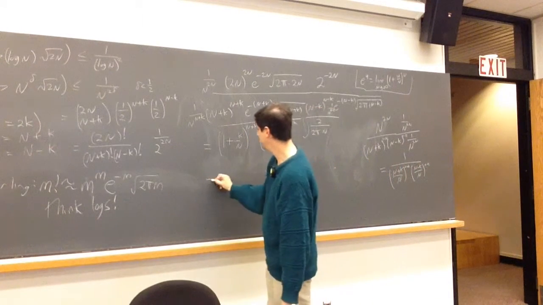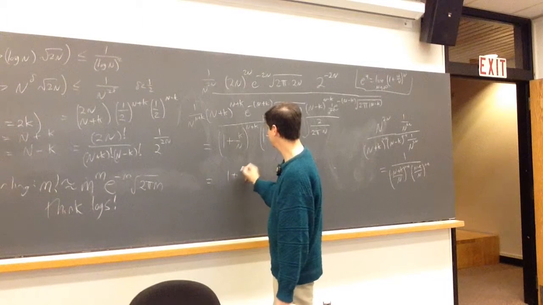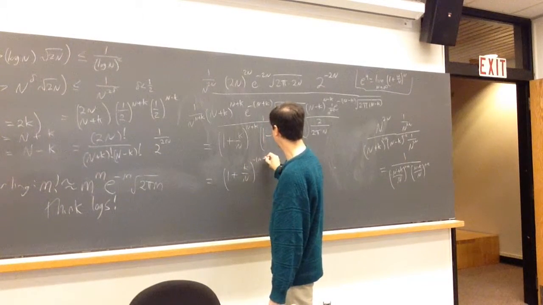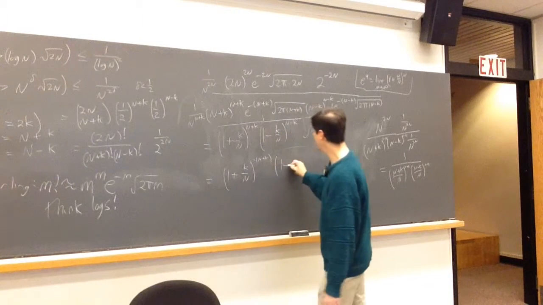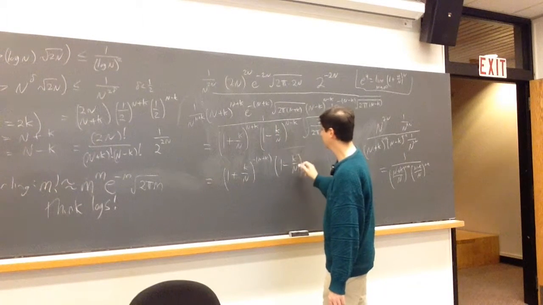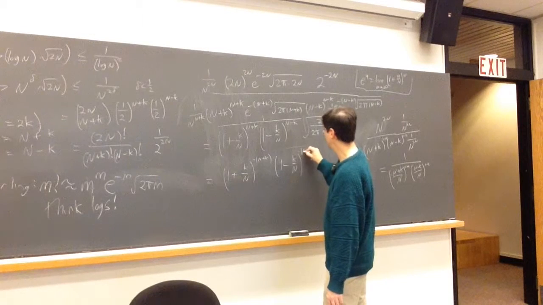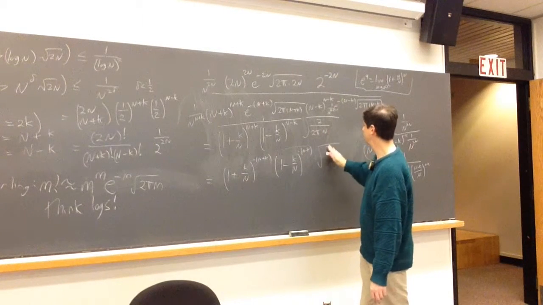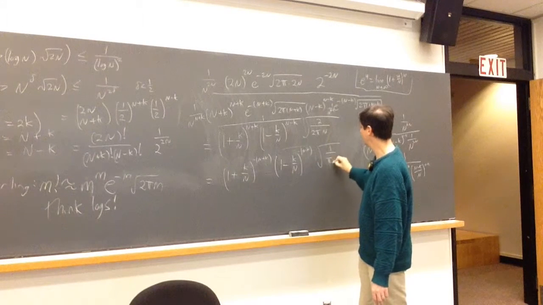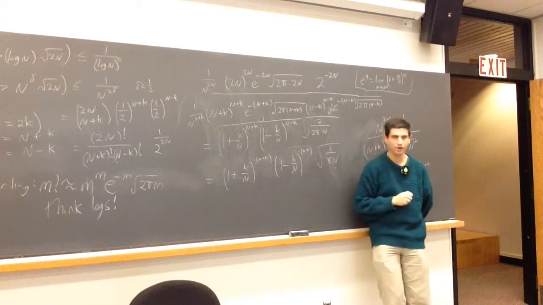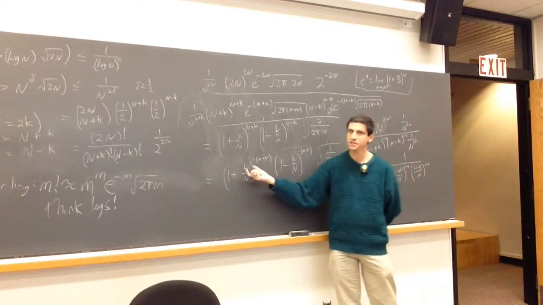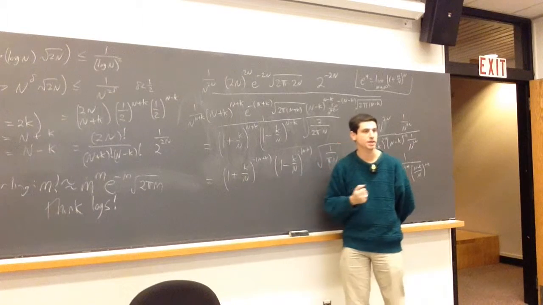So what we have is 1 plus k over n to the negative n plus k, 1 minus k over n to the negative n minus k, and then the square roots of the 2's cancel, 1 over pi times n. So we want to figure out how to analyze this. And if we just try to replace this with the exponential, we made a mistake.